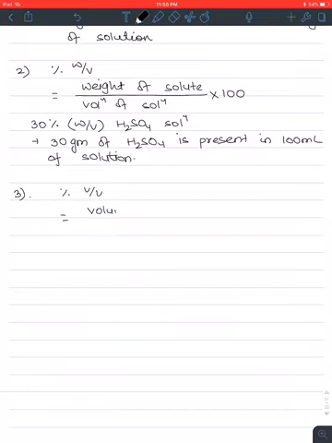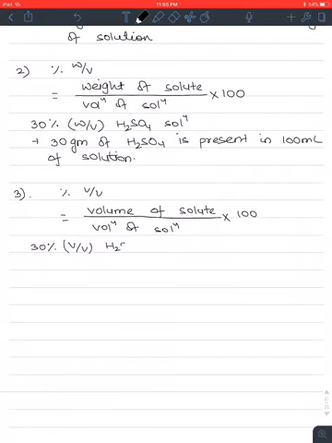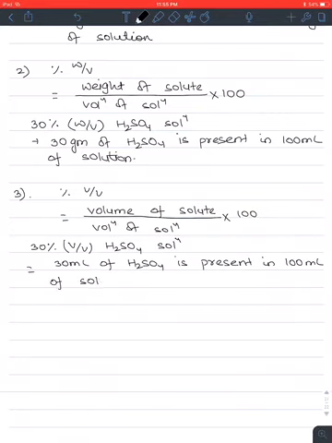So now you can tell me it is volume of solute divided by volume of solution into 100, which means that if I'm having 30% volume by volume H2SO4 solution, it means 30 ml of H2SO4 is present in 100 ml of solution.